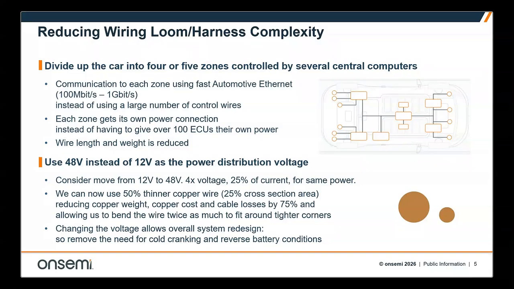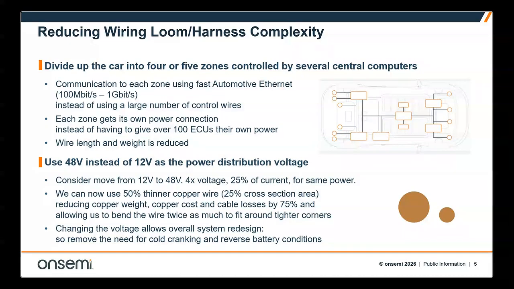Instead of routing individual power and signal connections to over 100 ECUs scattered through the vehicle, we divide the car into 4, 5, or even more zones, depending on the car. Each is managed by its own central computer.